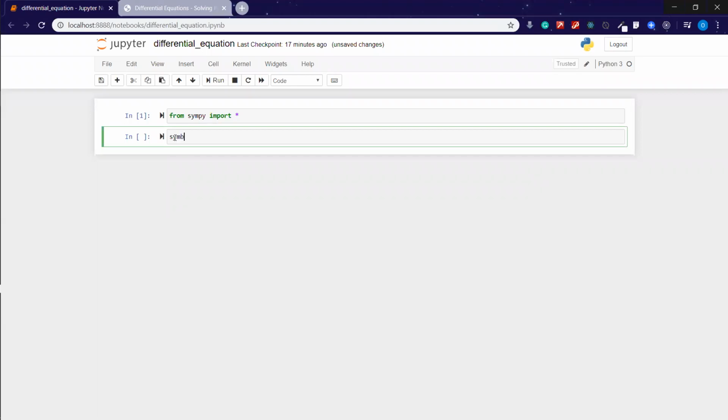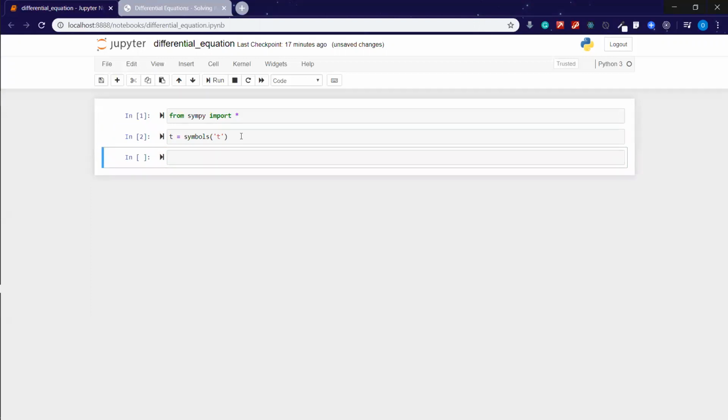And we define symbol using the symbols function, and you put the character you want to represent as a symbol. Right? So I'm defining t as a symbol, and I'm going to be storing it in a variable t. Okay, I hope that makes sense. So this is my independent variable.